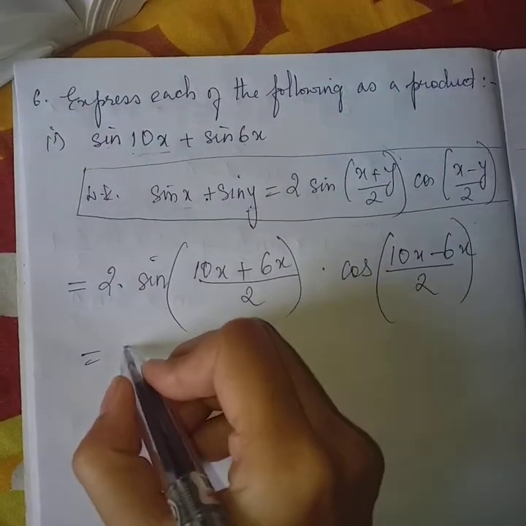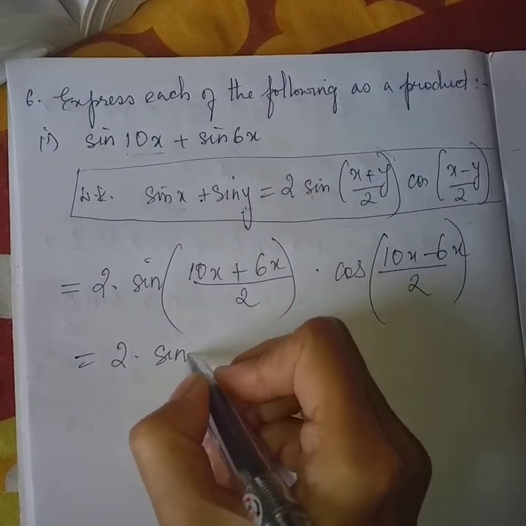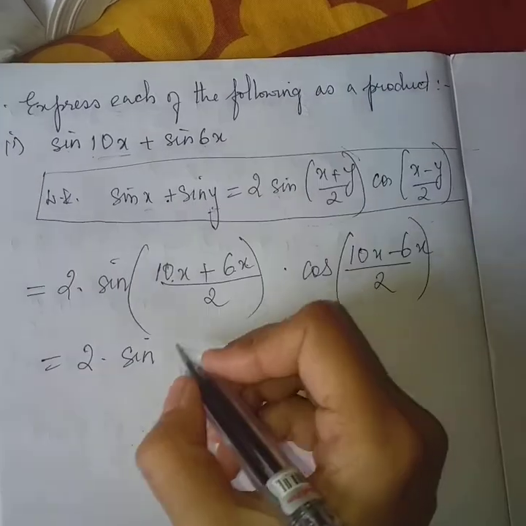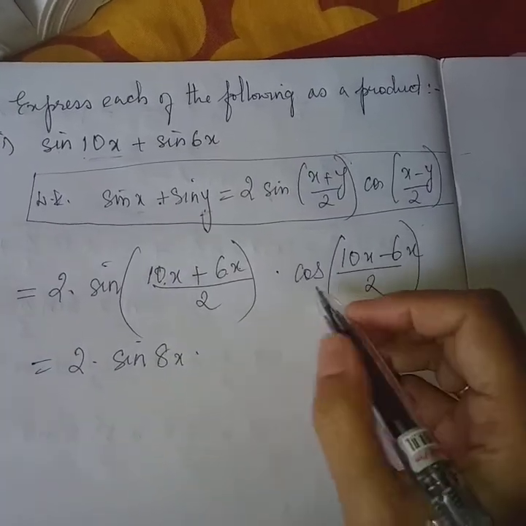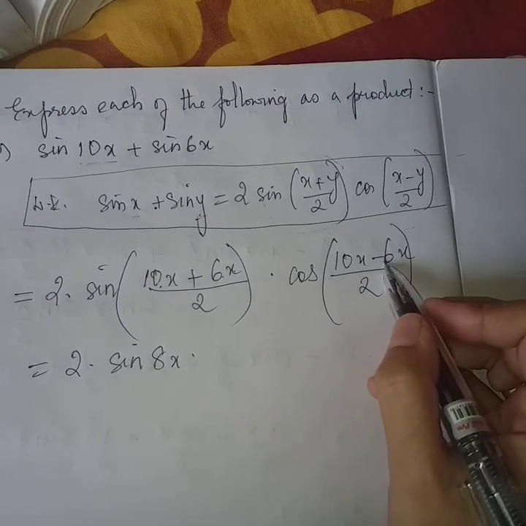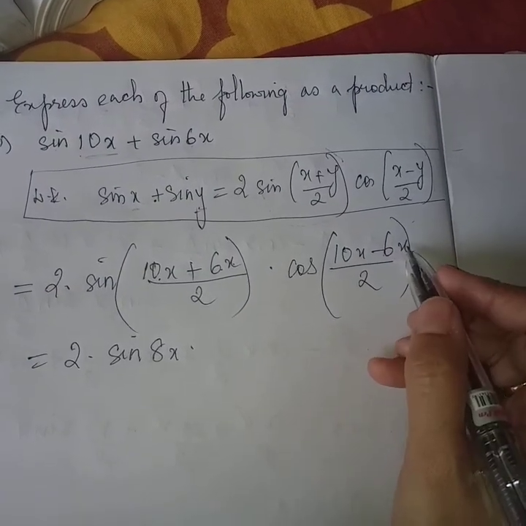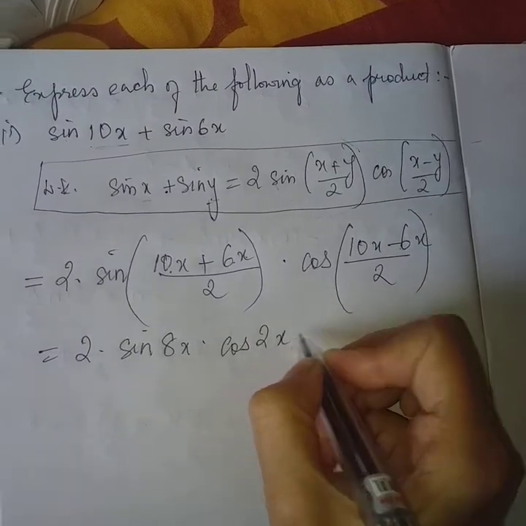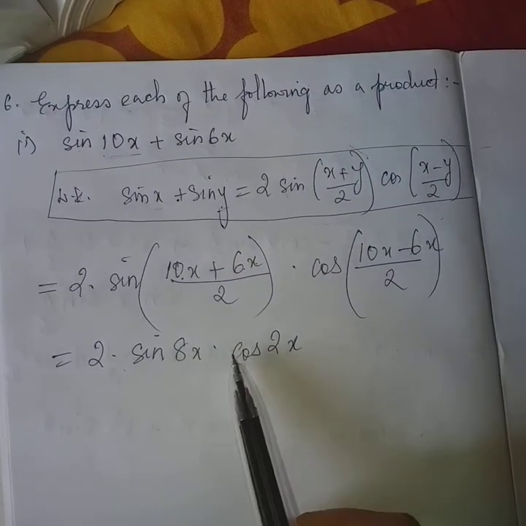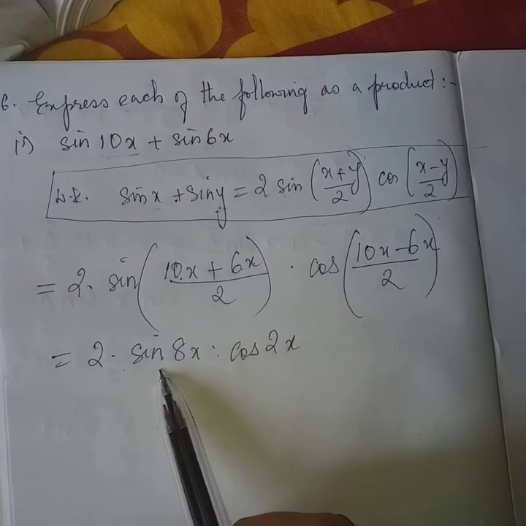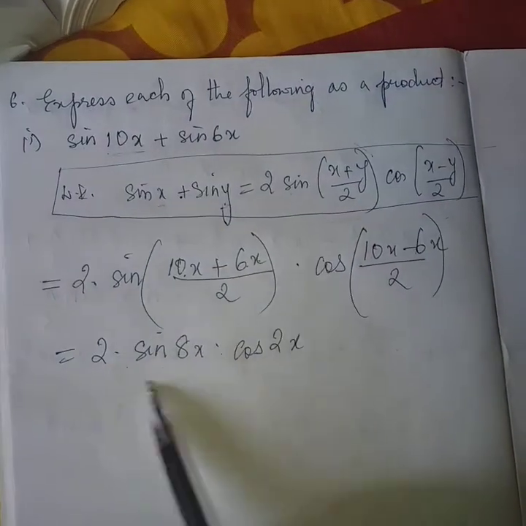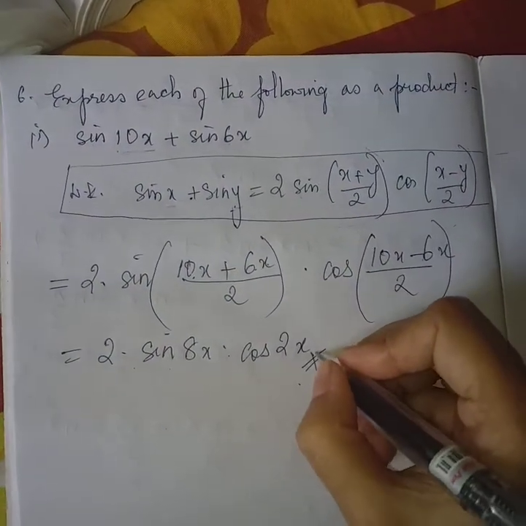So this will be equal to 2 sine of 10x plus 6x is 16x, and 16 divided by 2 is 8x. And here again 10x minus 6x is 4x, and 4x divided by 2 is 2x. So we have got this as a product of sine and cos functions. So we have expressed the sum as the product. So this is our answer.